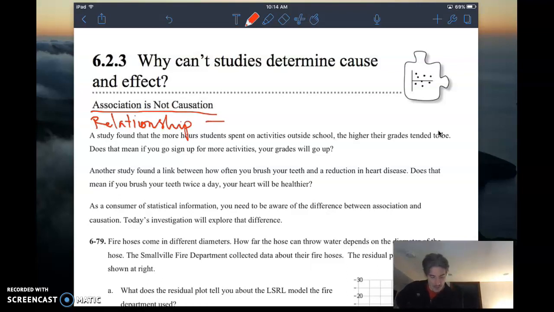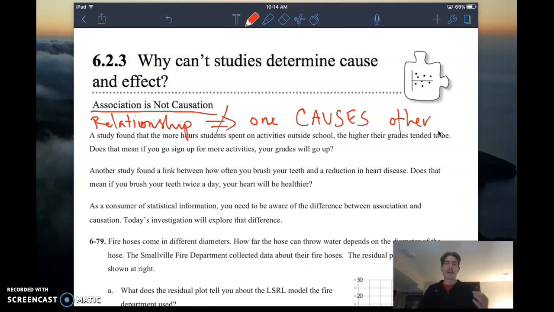What that means is it is not necessarily implying that one, and here's the key word, causes the other to happen. And we think this all the time. We think because two variables are related that one causes the other. We're going to start to break this down with our first problem today.